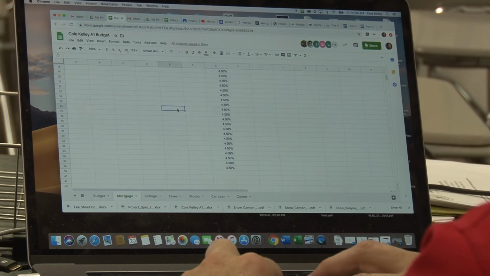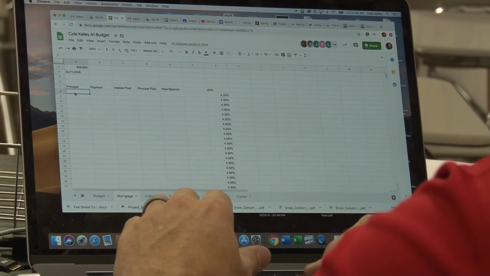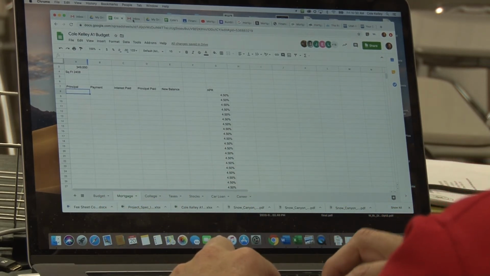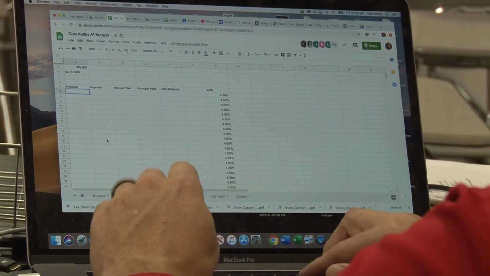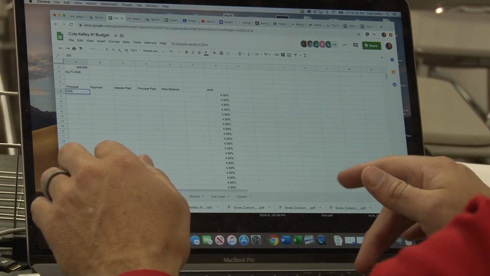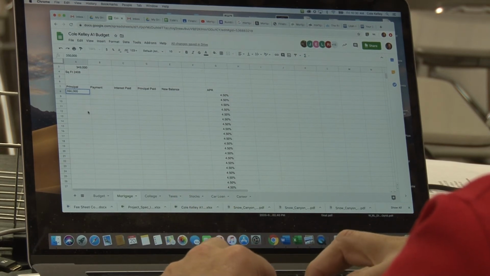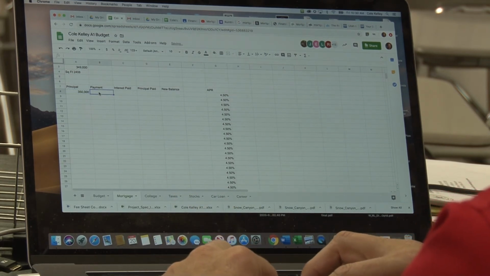All right, now if you go back, we bought this home for $349,000. Let's just say that we didn't do a down payment, but maybe we paid the closing costs on it. So we're going to do a principal amount of $350,000.